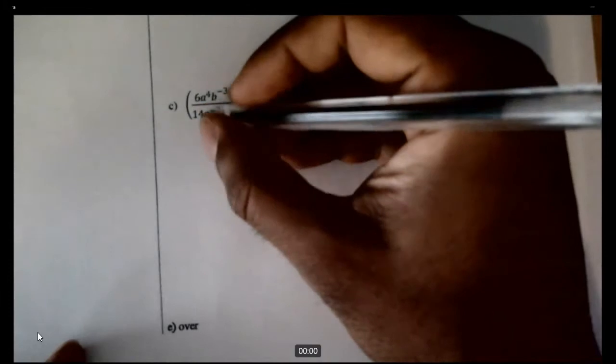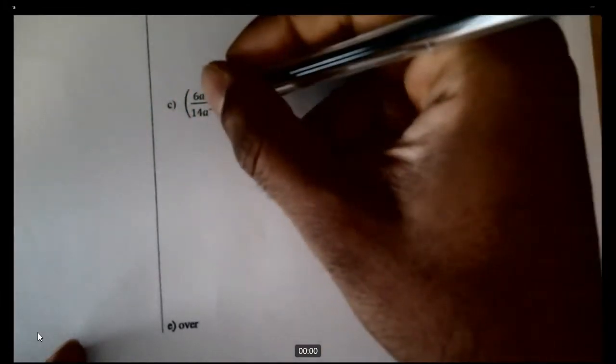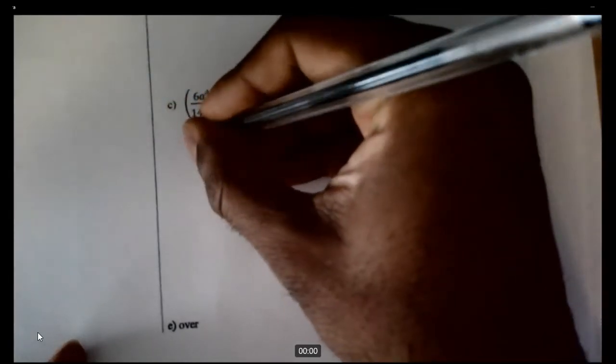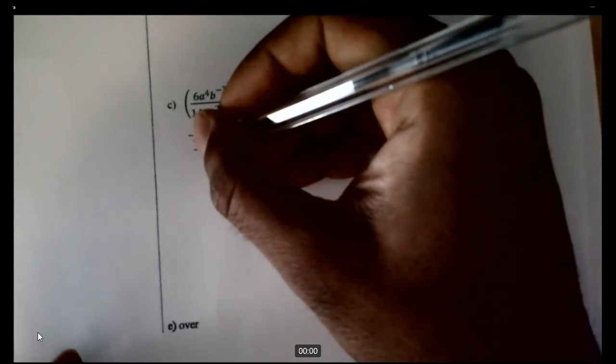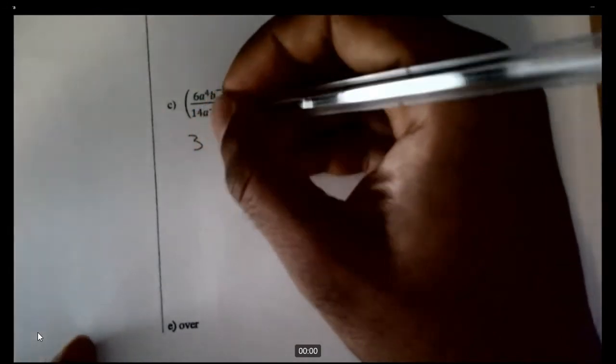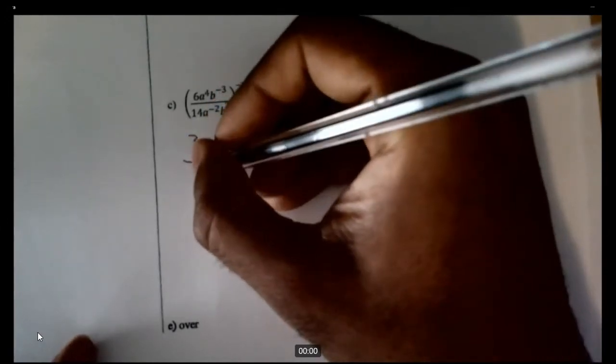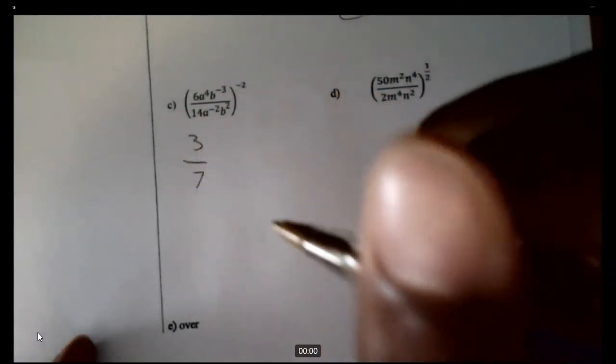So 6 divided by 2 is 3. And then you also have your 14 divided by 2 is going to give you 7. Okay.